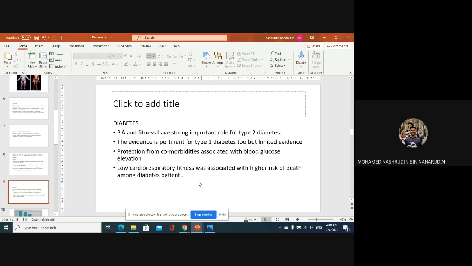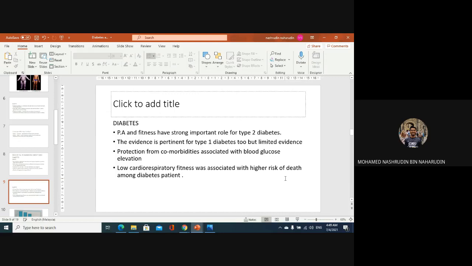Also, low cardiorespiratory fitness can be associated with high risk of death among diabetic patients. For those diagnosed with diabetes, the prevalence of cardiovascular risk factors increases as well, so you must keep that in mind.